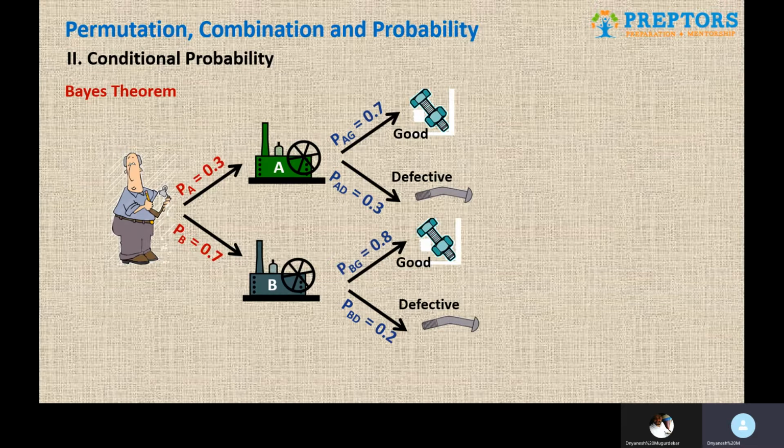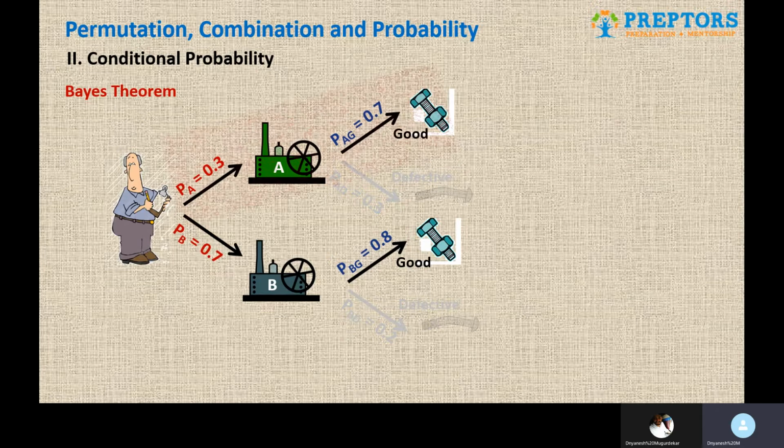So the favorable outcome is that it should be a good article and picked up from machine A. So it's a combination of two things, machine A and good article. So machine A's probability 0.3 into good article 0.7. So 0.3 into 0.7 is your favorable outcome.